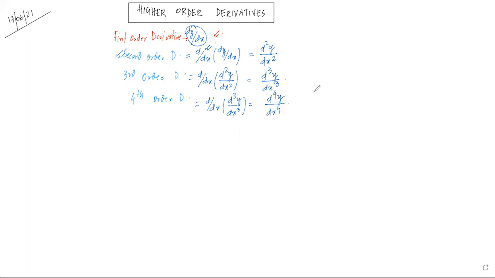This is called fourth order derivative. So that is the basic definition of how to find the higher order derivative. Similarly, I can write nth order derivative. It will be d to the power ny upon dx to the power n. That is the basic definition of a higher order derivative.